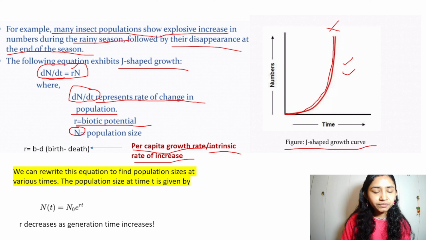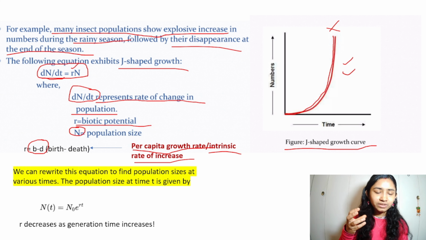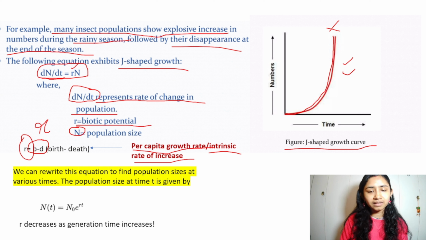Before, r was denoted as B minus D. B means birth rate and D means death rate, so it is birth rate minus death rate. But scientists wanted to make it very simple, so they denoted B minus D as r, small r. This small r is very important, which represents the per capita growth rate or intrinsic rate of increase.